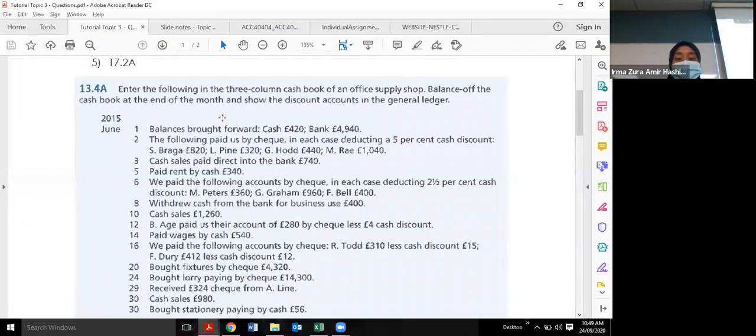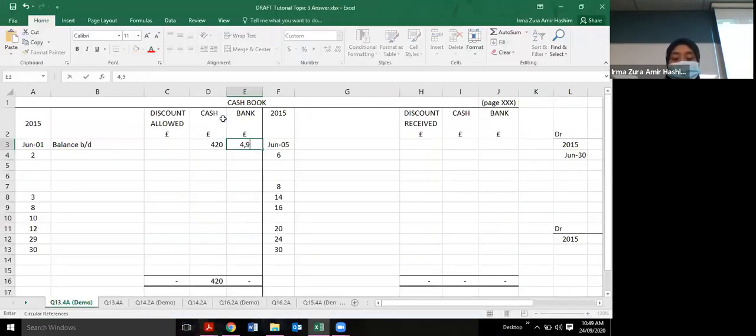Okay, now let's ask, can the bank figure here, the balance b/d, be on the credit side? Can or not? They say this bank, the balance is at this side. Can or not? Can. What?